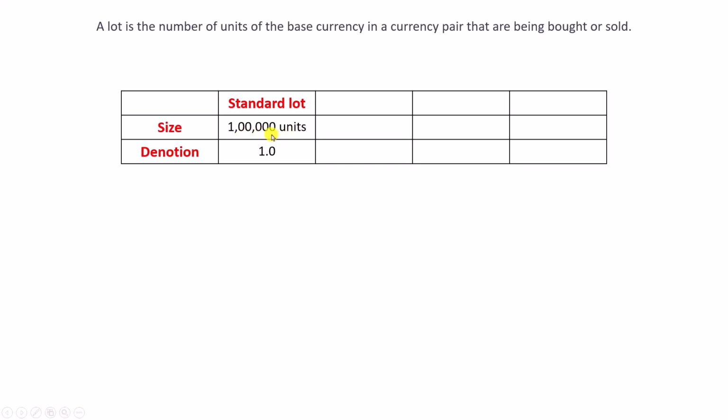So 1 lakh units of the base currency is called one standard lot, and it is denoted by 1.0.